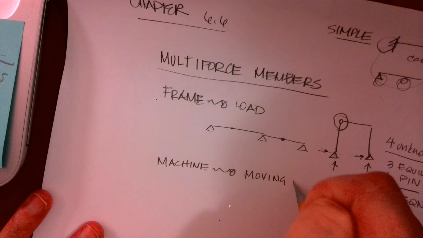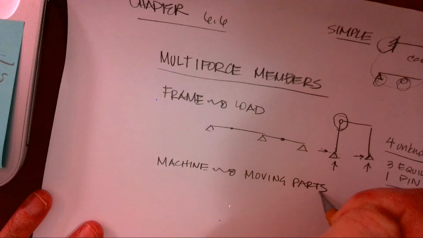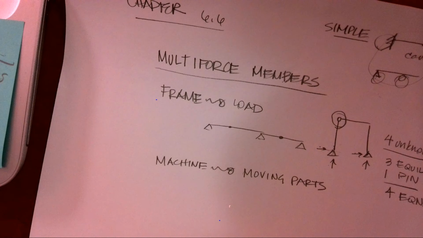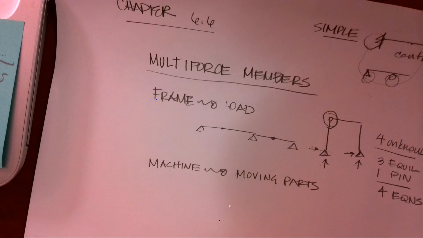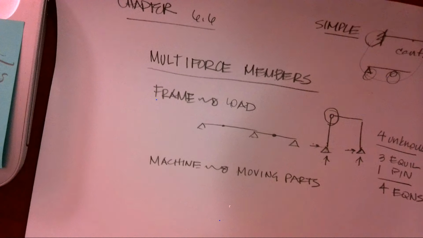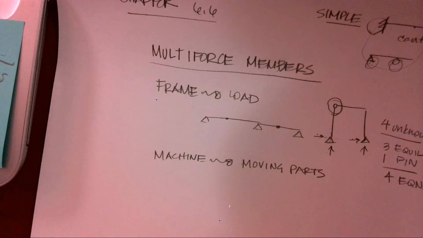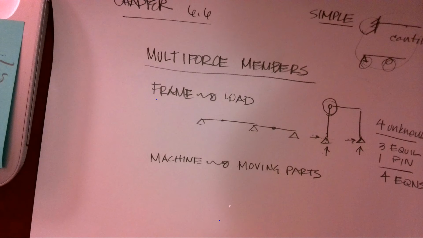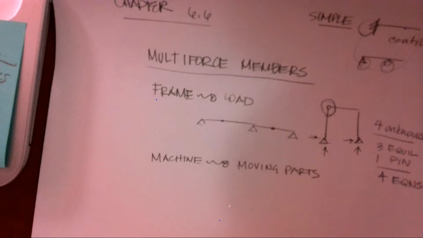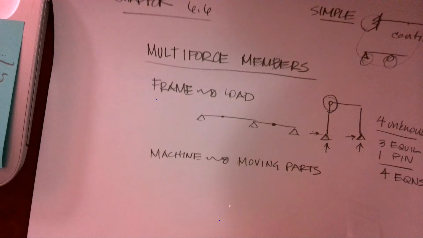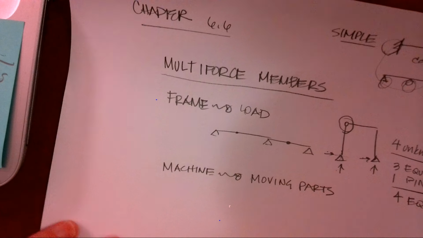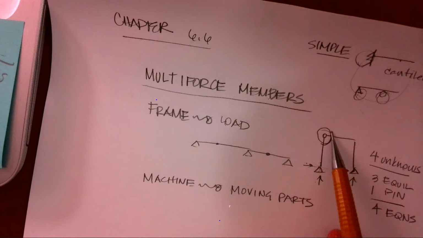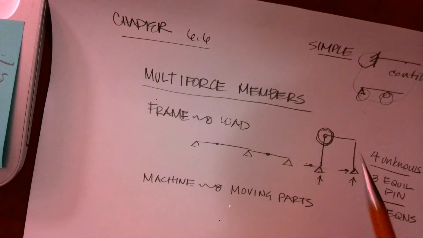So it could be as simple as a pair of pliers, or it could be a large crane that has many moving parts. It could be a mechanical device. So you can also look in your book. We have pulleys and examples in the book you can see of different types of machines. So if you'll notice back up here, I circled where we will have an internal pin.